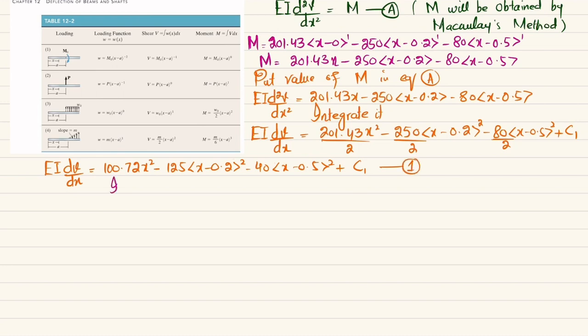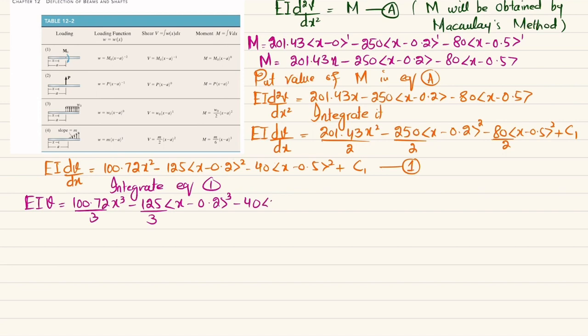Now we will integrate equation number 1. So you will get EI into V, which is displacement, equal to 100.72x³/3 − 125⟨x − 0.2⟩³/3 − 40⟨x − 0.5⟩³/3 + C1x + C2.